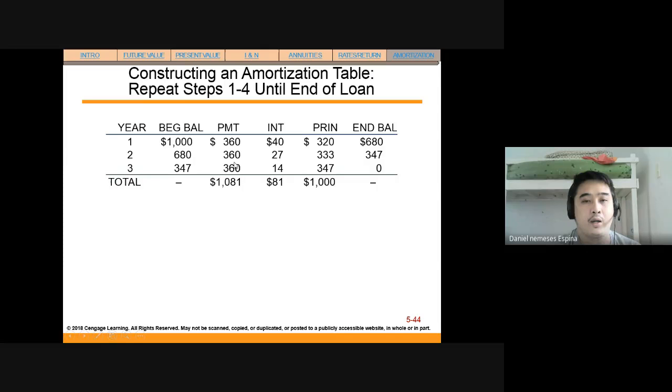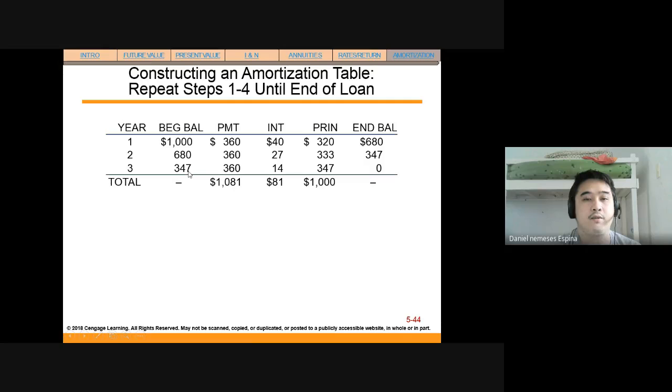So bayad na po kag 360, interest is 4% of the beginning balance. So 680 times 4%, that's 27. So what is attributable to principal or atong i-deduct sa principal? 360 minus 27 is 333. Ang i-minus nimo sa beginning balance to get the ending balance is 347.